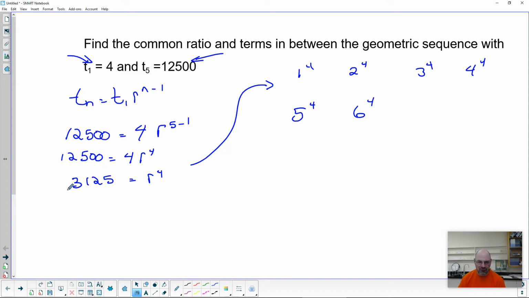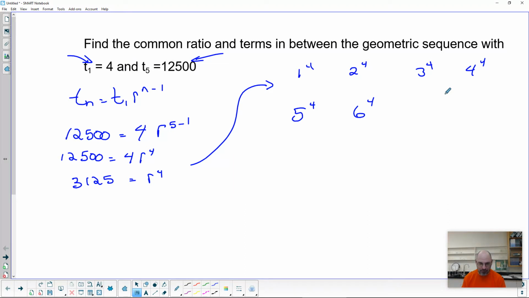So I'm looking at a fairly big number. 2 to the power of 4 is probably too small. 3 to the power of 4. Let's try 4 to the power of 4. Go on your calculator, type 4 to the power of 4. Okay, and it's only 256. Okay, 5 to the power of 4. Let's try that one. 625.